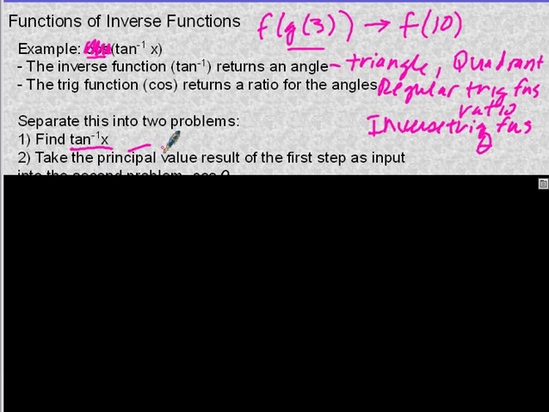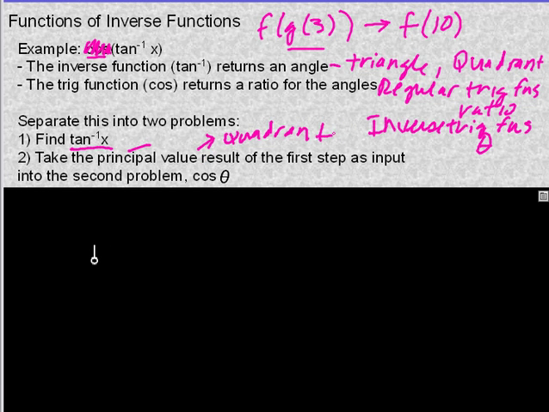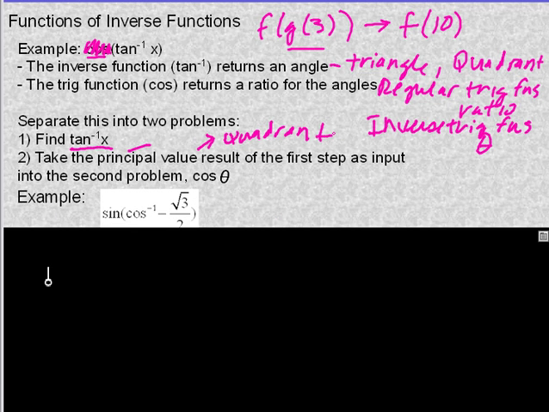Basically, we're not looking at the principal value angle, we're looking at the principal value quadrant. And then we're going to use that quadrant and that ratio of sides to draw the triangle in the quadrant and find the final answer.